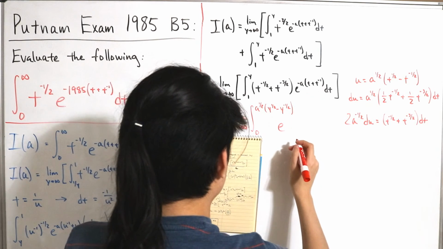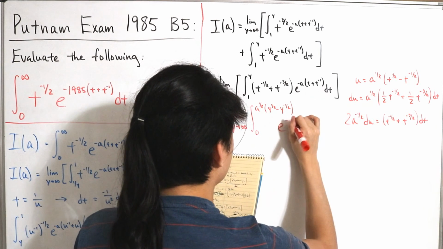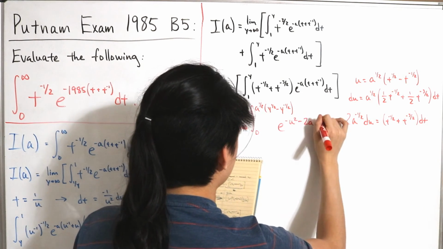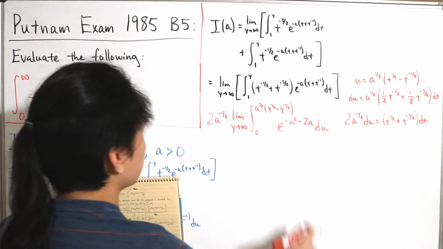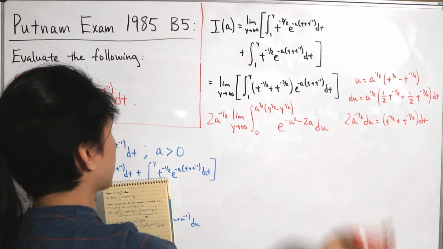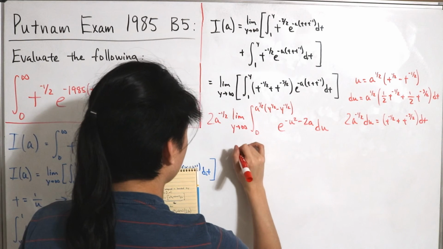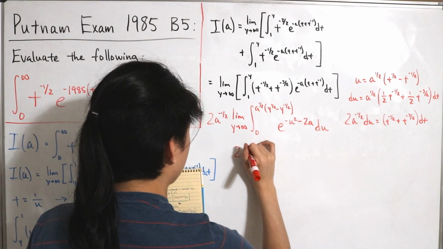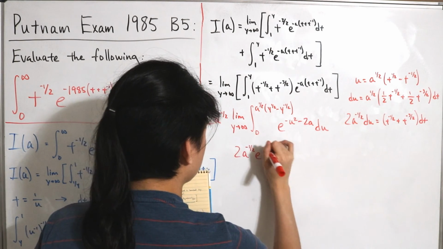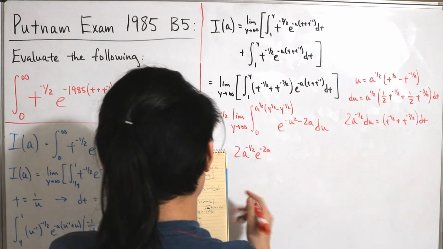We get that we can write that exponent as -u² subtract 2a and then du. And what's nice is we have an e to the -2a, that factors out because that's just a constant. So we have now 2 times a to the -1/2, then e to the -2a.